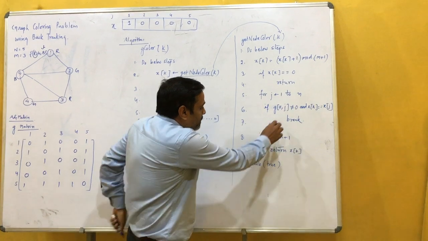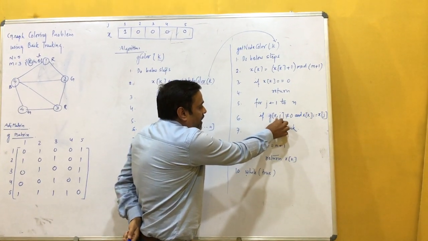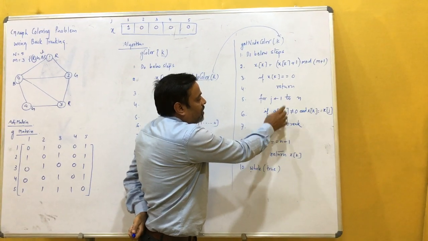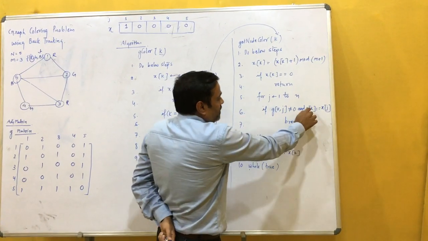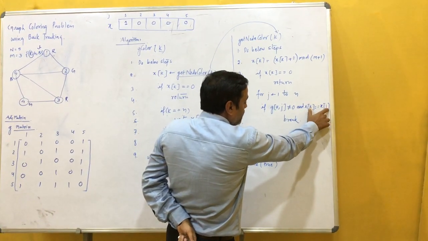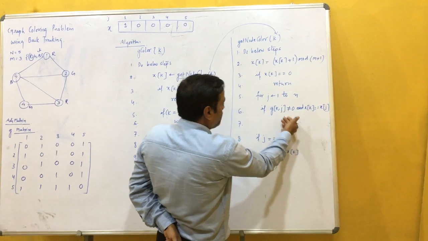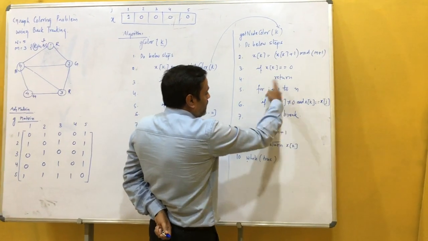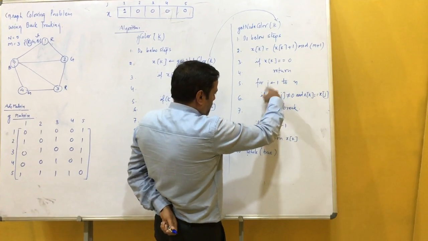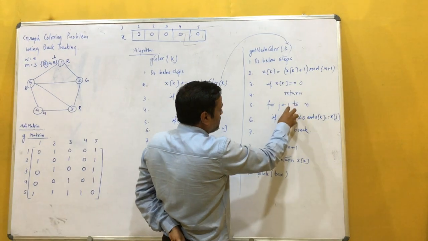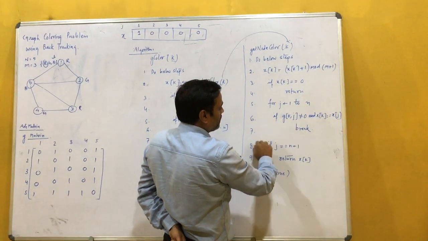In this way, for this particular cell, I will check whether it is adjacent to our node, and if it is adjacent, whether the color of the kth node and the jth node are the same or not. If they are the same, this loop will be broken, and ultimately after the execution of this loop, it will clearly suggest whether I can give that color or not.